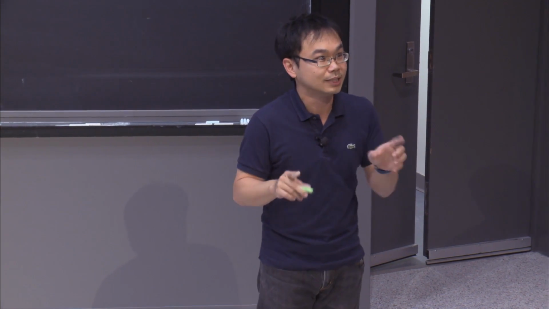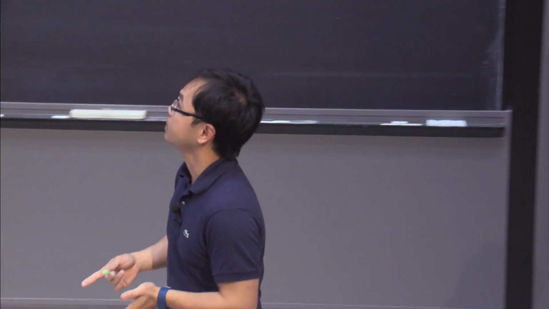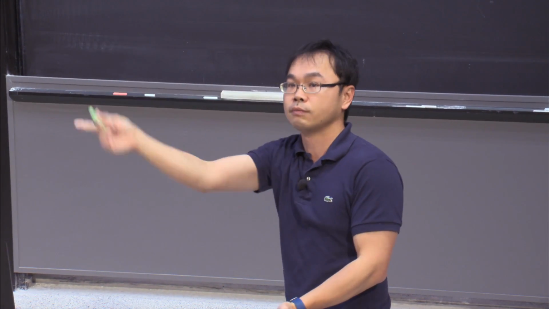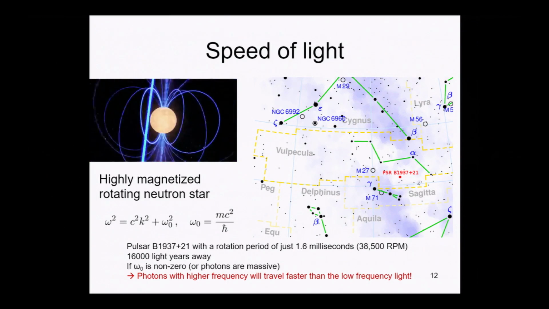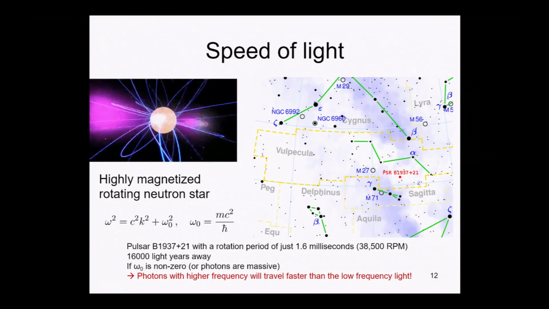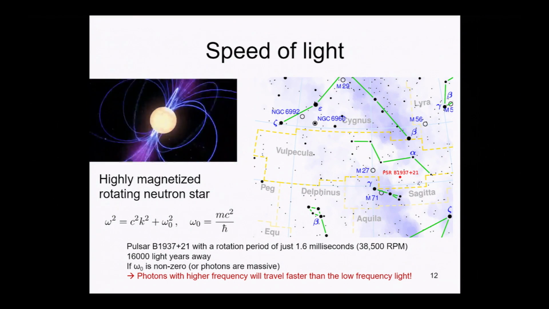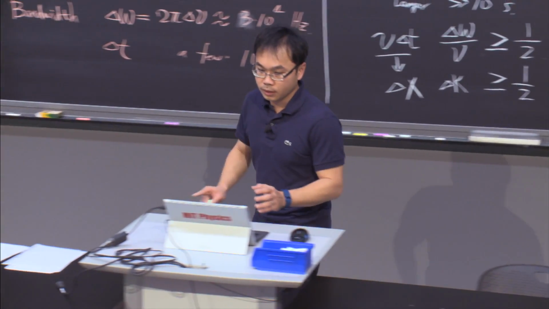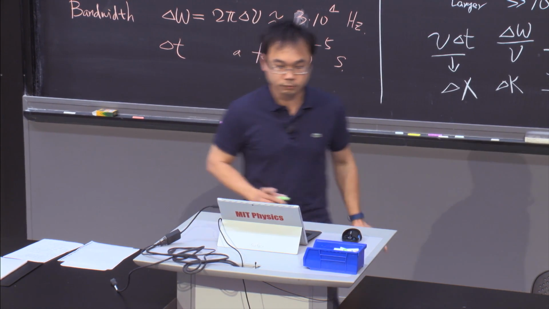Then I will be able to see if we can observe different speeds, because we know the rotation interval, and it also emits a wide spectrum of light frequencies. Therefore, I can use this as a light source far, far away from the Earth to see what will happen. Somebody actually did this measurement, and this is what they found.